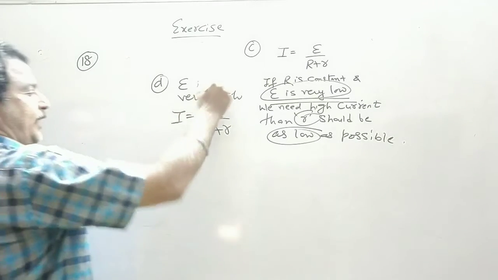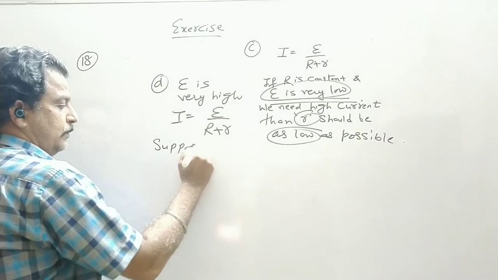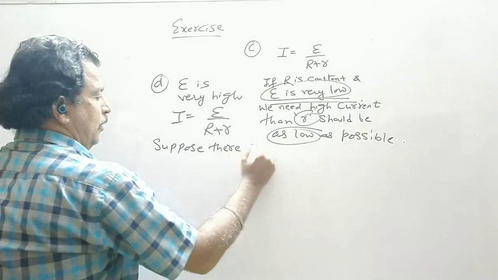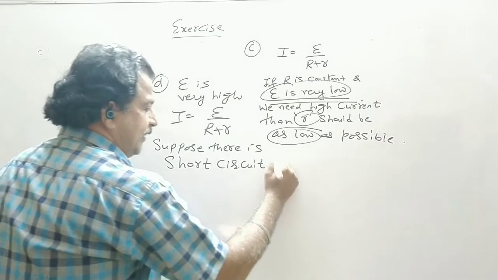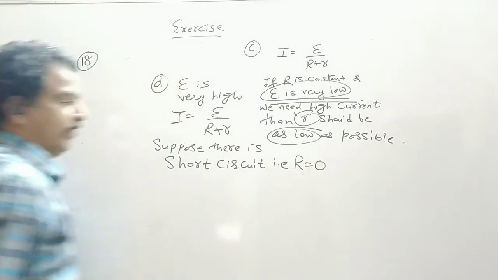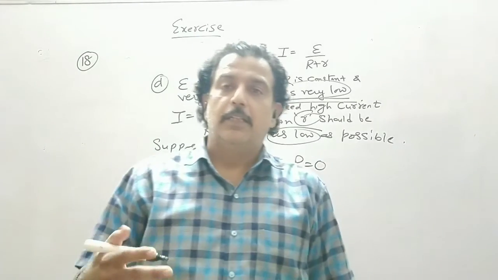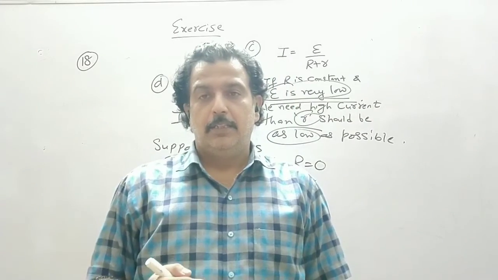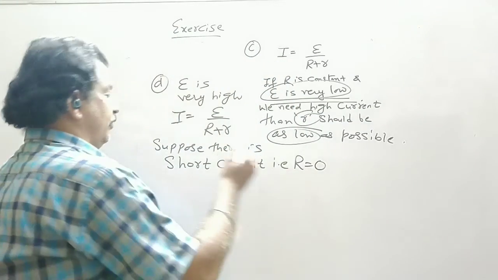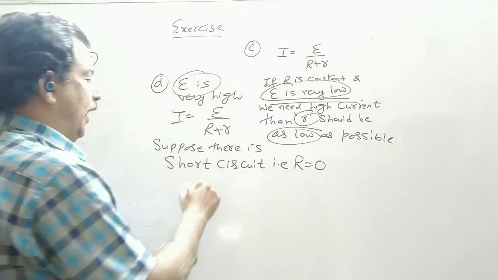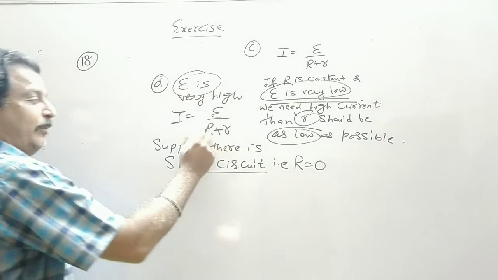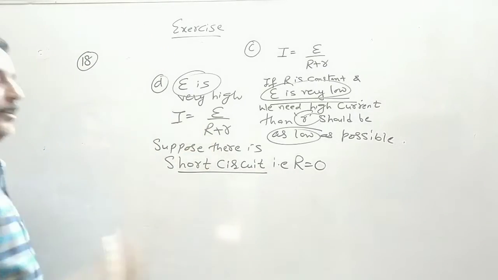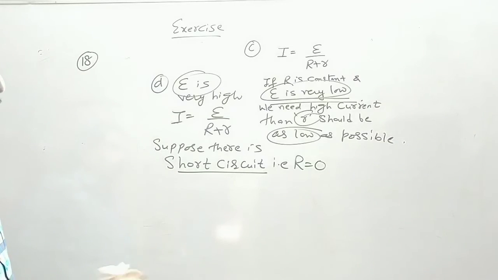Now if E is very high and suppose there is a short circuit, that is R is equal to 0. A short circuit means the current got a free passage. So resistance becomes 0, and if R becomes 0, I can be dangerously high. And so the internal resistance should be as high as possible.